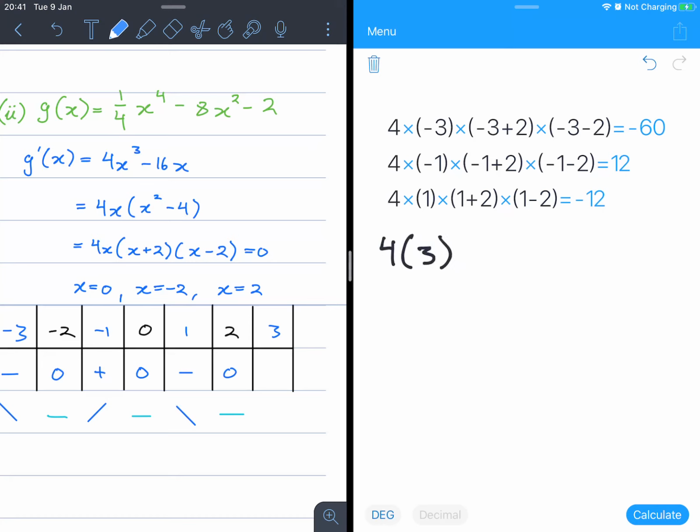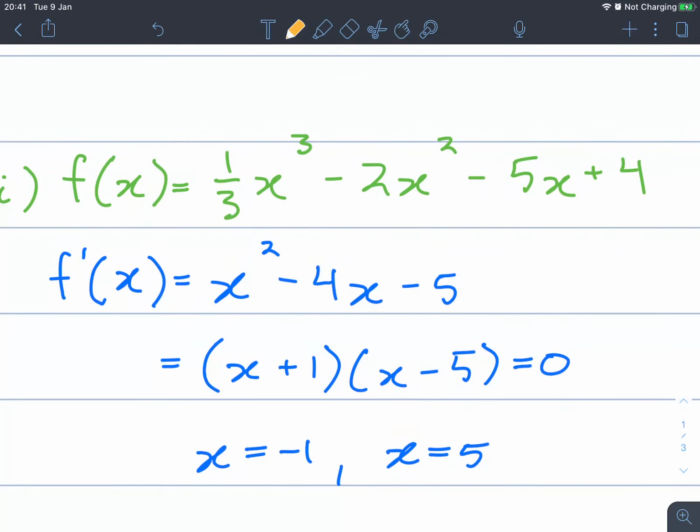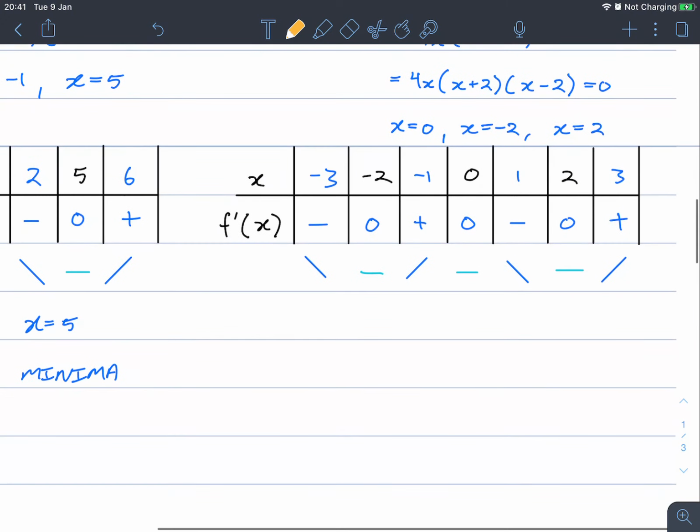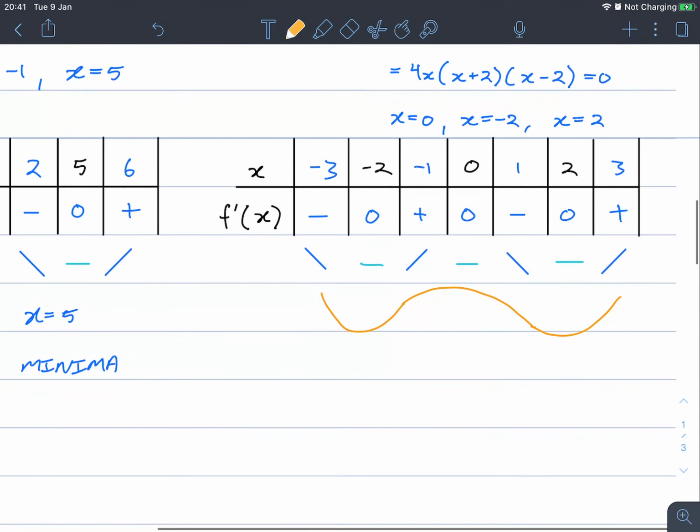So 4 times 3, 3 plus 2, 3 minus 2. That's a positive, so that's increasing like so. So a very rough sketch of what this might look like. So it's decreasing, stationary. Here's increasing, stationary, and then decreasing, stationary again.